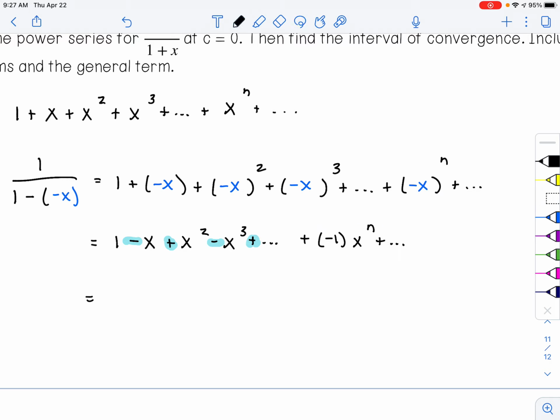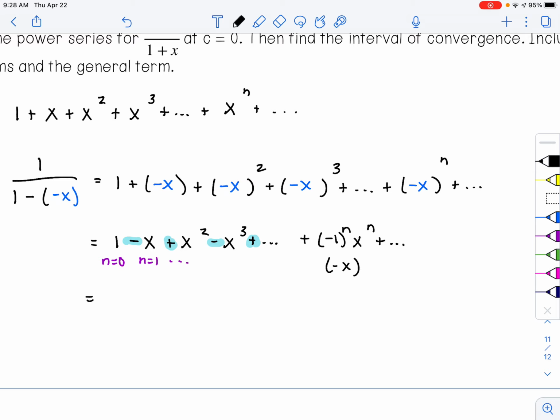So we need to figure out what exponent to put on the negative 1 so that the sign pattern continues. Remember, we start with n equaling 0 typically, and this is n equaling 1 and so on. If I plug in 0, I want to get a positive. If I plug in n of 1, I want to get a negative. So I'm just going to make this to the n power.